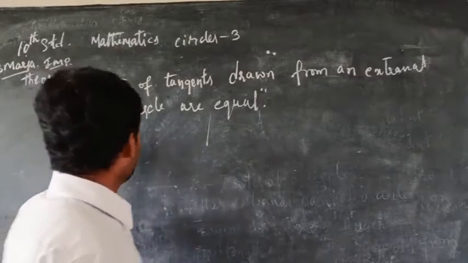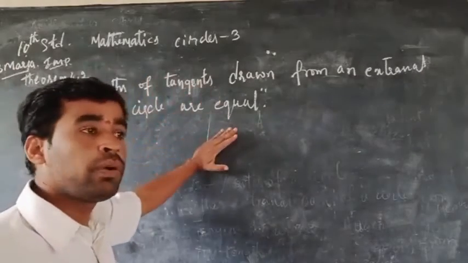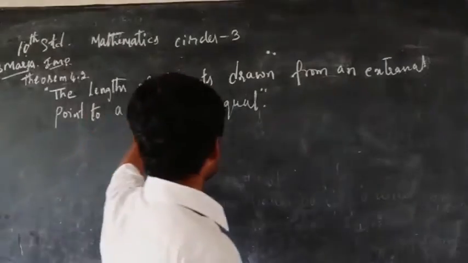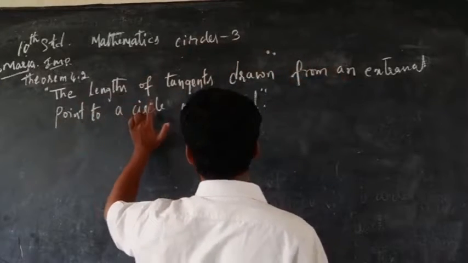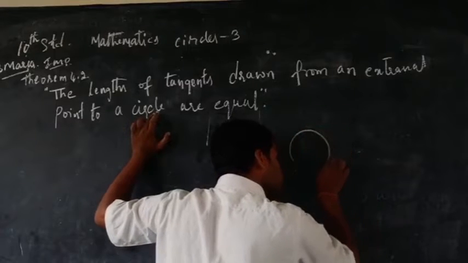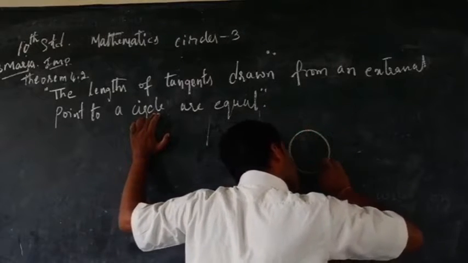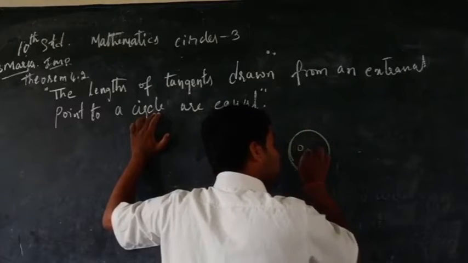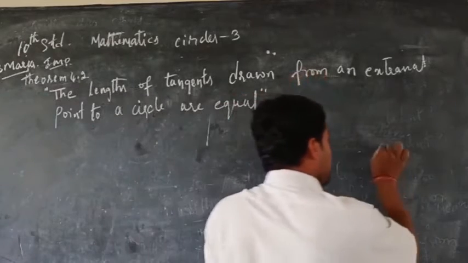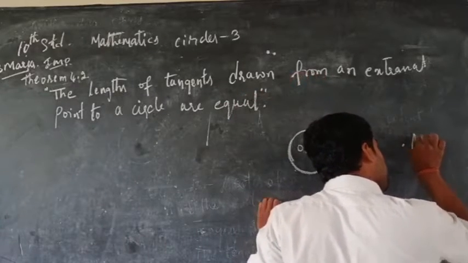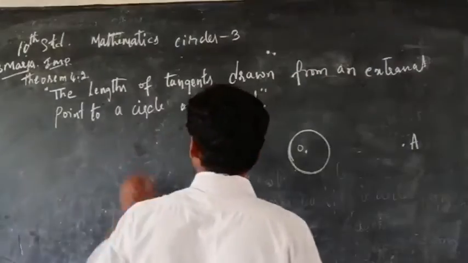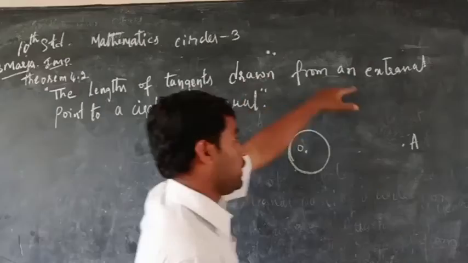Now, based on this statement we need to draw the diagram. The lengths of the tangents drawn from an external point to a circle, so we have to take a circle. Here I have taken a circle with center O. Again, they have given an external point; let A be the external point to the circle.